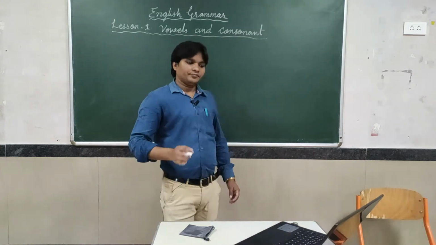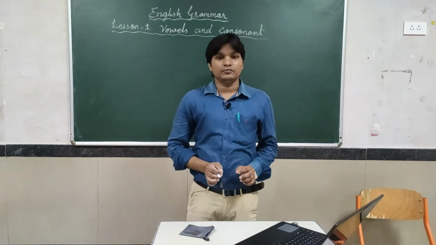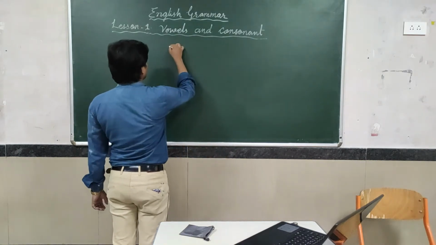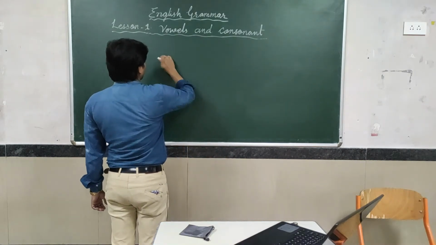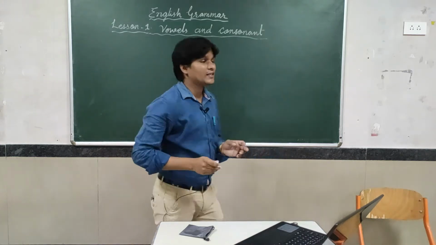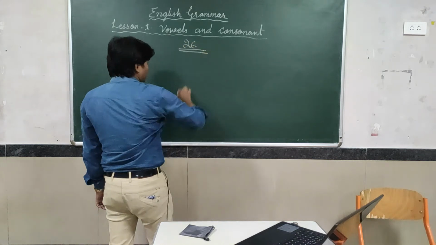First, we have to know how many letters are present in the alphabet. Total, A to Z, how many letters are there? 26 letters are present.